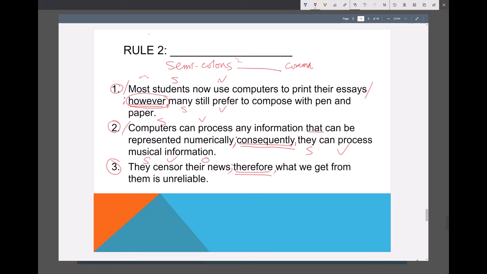So, what we get from them, this whole thing's the subject, verb, and then unreliable. So notice you're looking for the transition word in a long sentence like this. And you're also trying to look for the independent clauses. But this time, these independent clauses are connected with transition words that you need to separate with a semicolon and a comma.